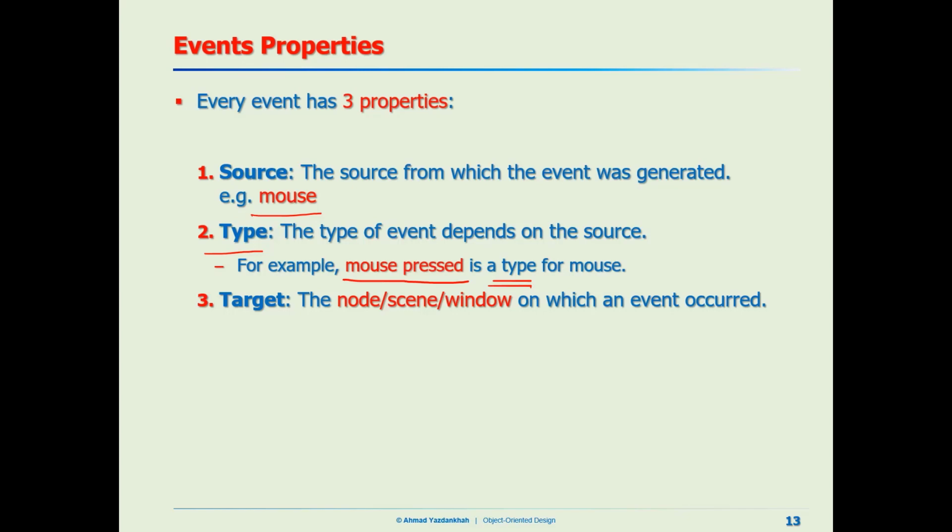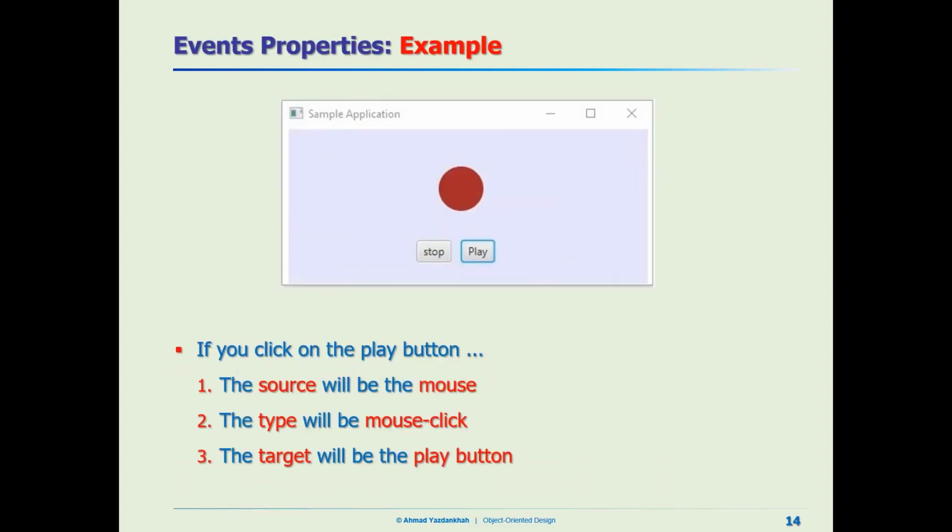So to get a clearer feeling about event handling, especially the events and these three properties, let me take an example. Let's say this is a simple application. We have a shape here and play and stop, right?